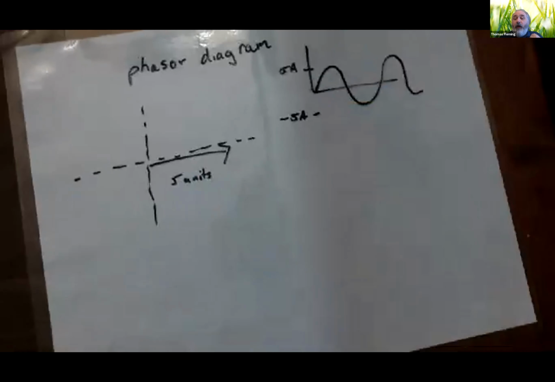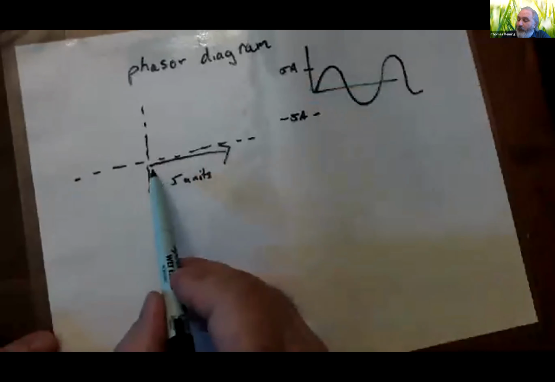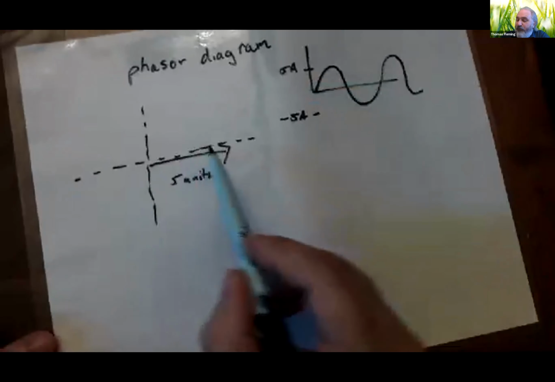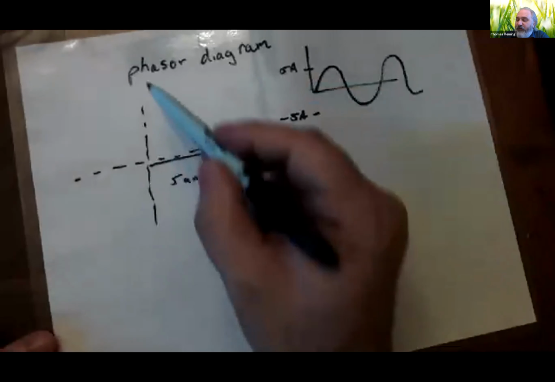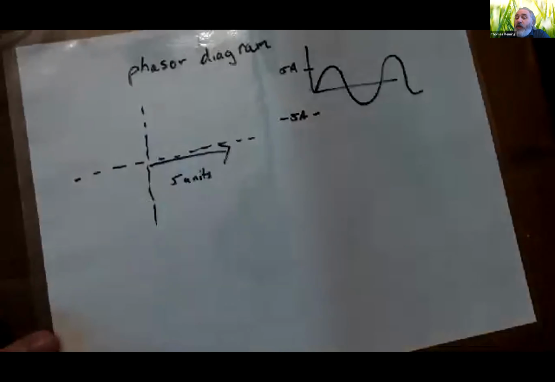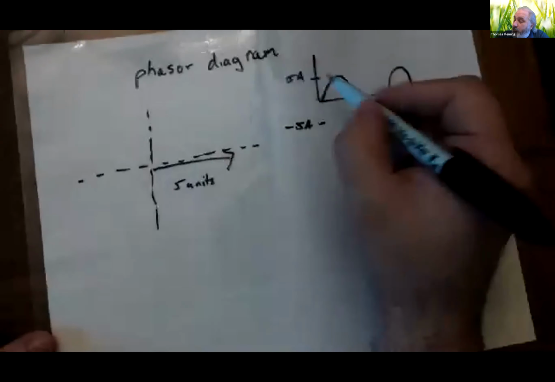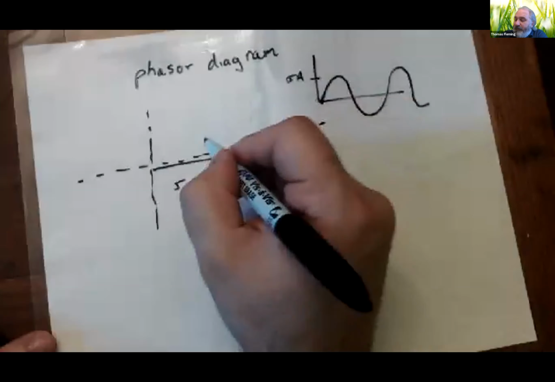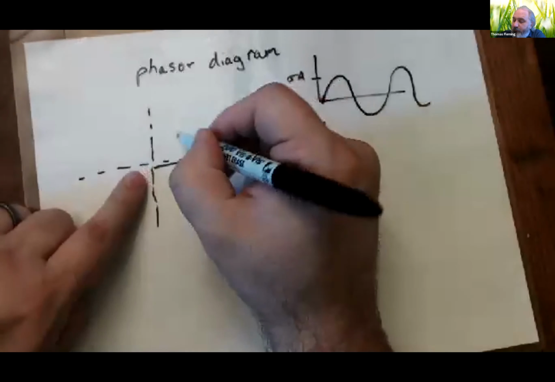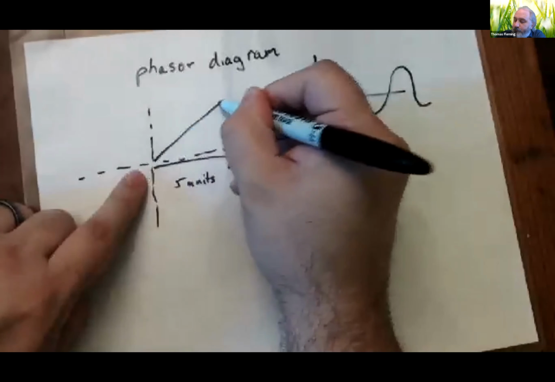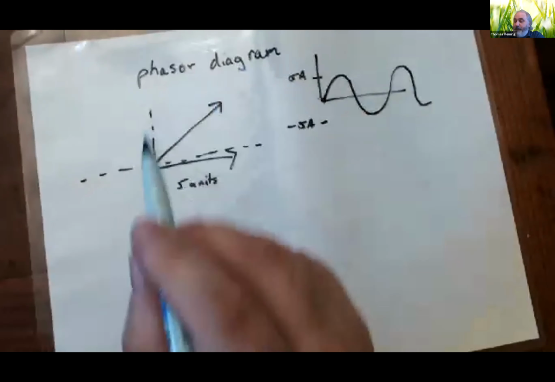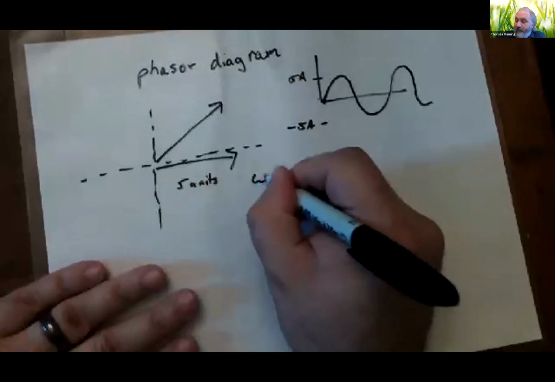So notice, the way I have it drawn here, right now my arrow is completely sideways, which means it's got 5 units in the x direction, but 0 units in the y direction. And lo and behold, at that moment, the current equals 0. Now a little bit later, this thing will have rotated, and we're going to spin it at an angular velocity of omega.